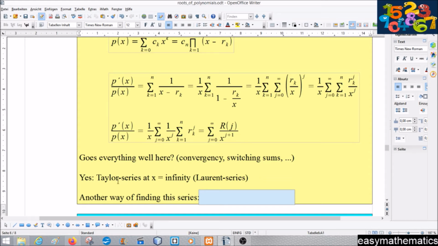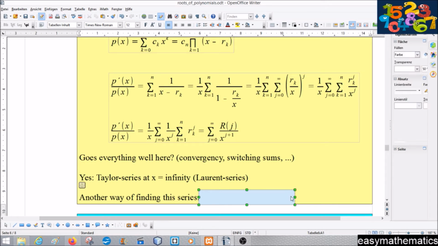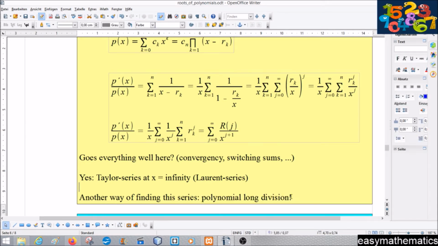This is another way of saying this is the Taylor series at x is infinity. It's also called the Laurent series. And another way of finding this series is polynomial long division. So try it with a small example, and you will see that we will also get this result if we use polynomial long division, without using the geometric series and taking care of the convergence and stuff like that.